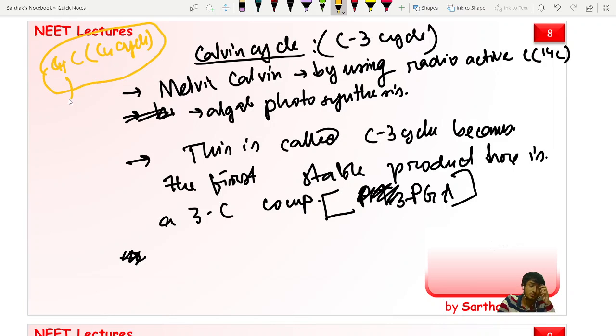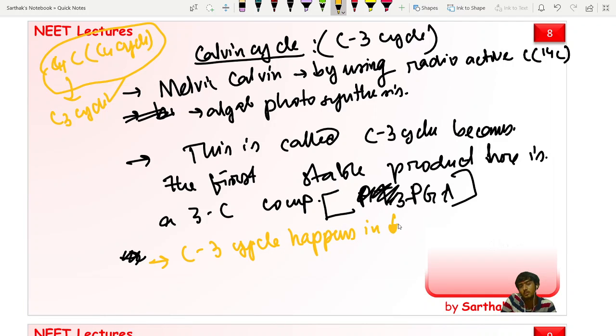In those plants the C3 cycle also occurs. In plants where the C4 cycle works, the C3 cycle must occur too. So the important conclusion is that the C3 cycle happens in both C3 and C4 plants.